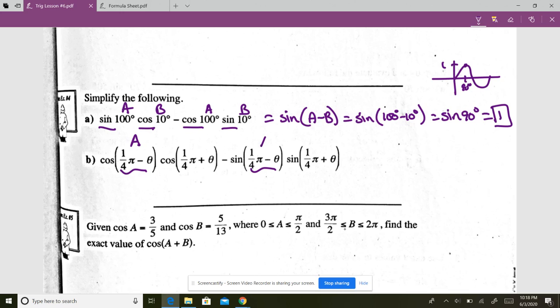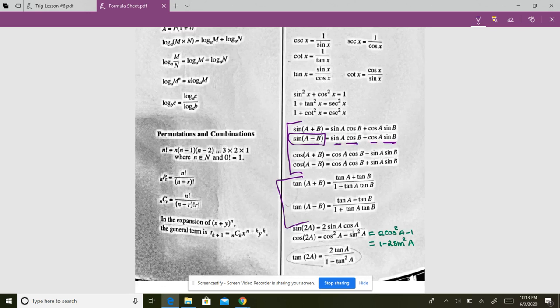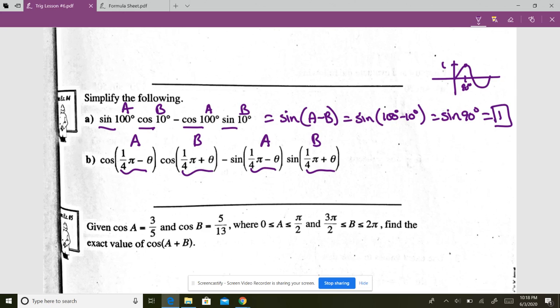So that's angle A. And a quarter pi plus theta, a quarter pi plus theta, that's angle B. So we go cos A cos B minus sine A sine B. So that's equal to cos of A plus B. So this will simplify to cos of A plus B, where our A is 1/4 pi minus theta plus our B, which is 1/4 pi plus theta.